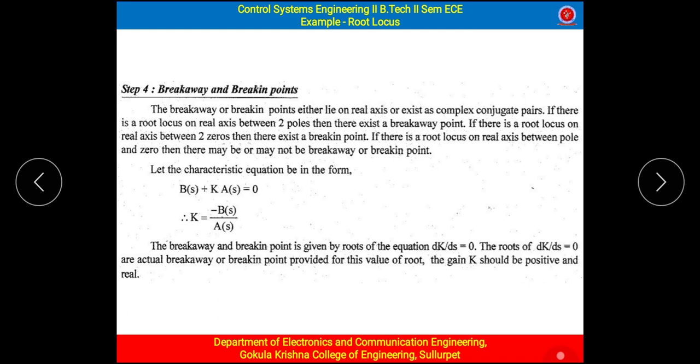Then the branches will start from them and end at 0, so they have to go further. There is a chance that the root locus branch from one pole moves towards the branch starting from another pole. At that time they both will meet at one point and they will go out of that particular real axis.